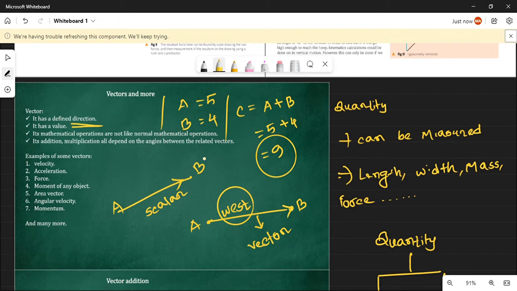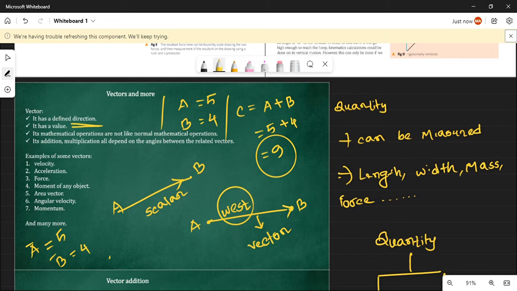But in the case of two vectors, we have a vector quantity A, and we express a vector with a bar above the notation. A is equal to about 5 something, and B is equal to about 4 something.